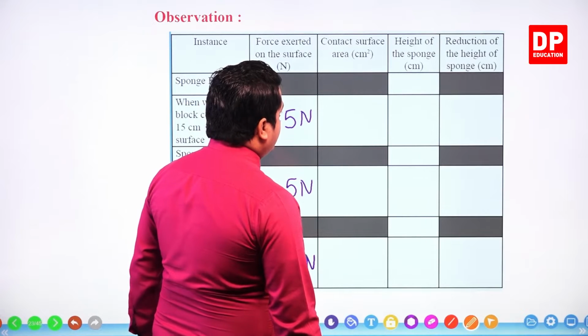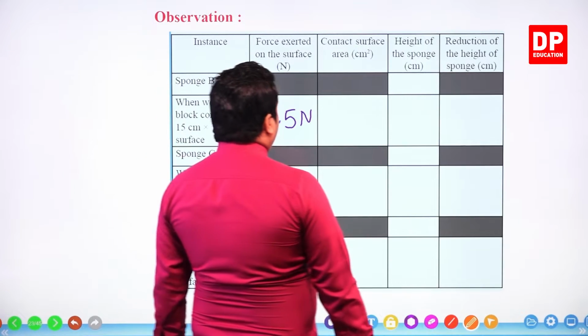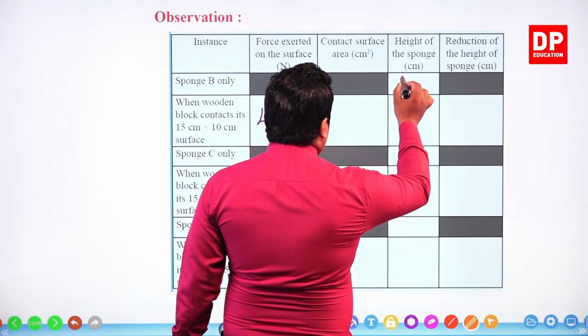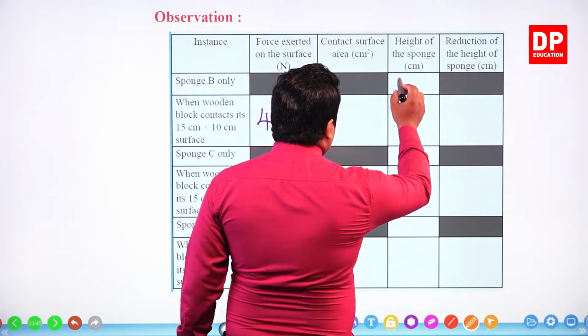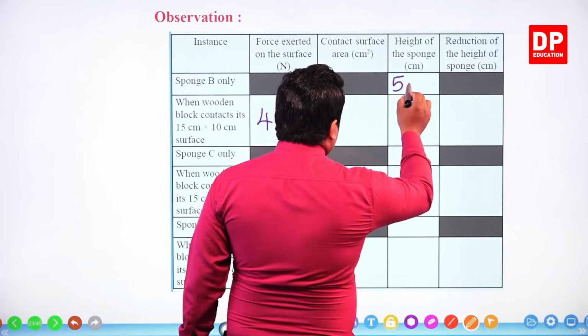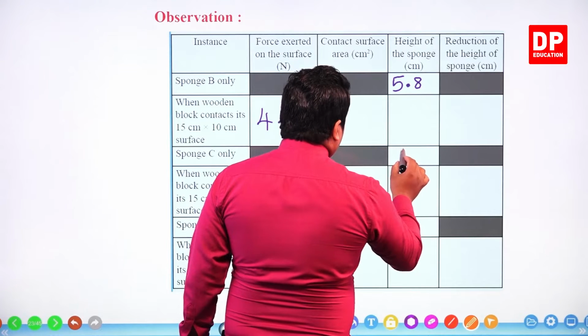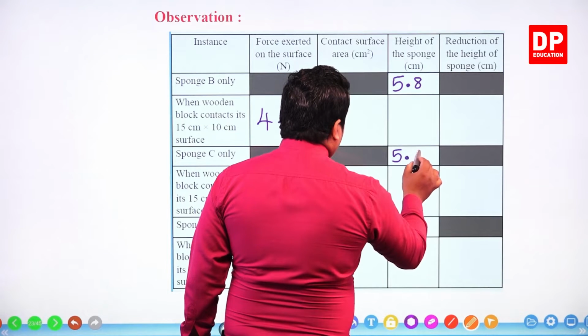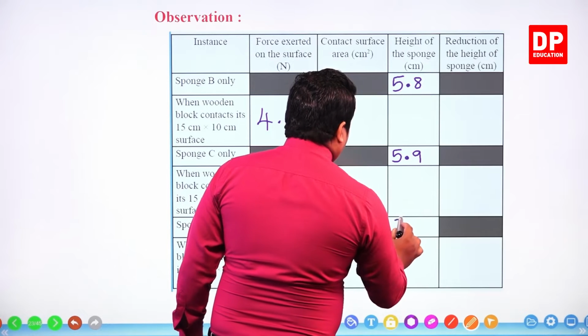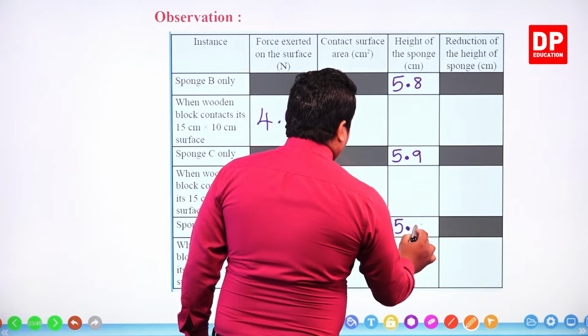Height of the sponge at the first instance 5.8, here 5.9, here also 5.9.